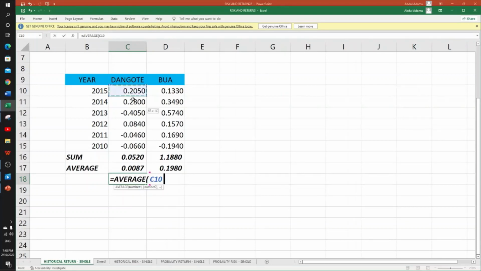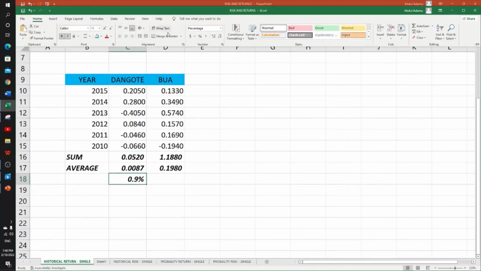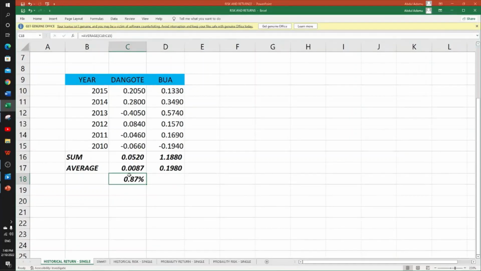You highlight the numbers, enter. You can see the value is given in percent. You can copy it to this side. So that is how we can use the average function in Excel to calculate this.